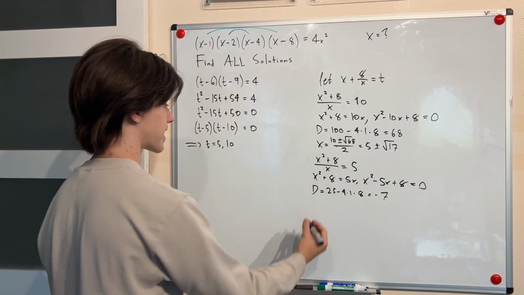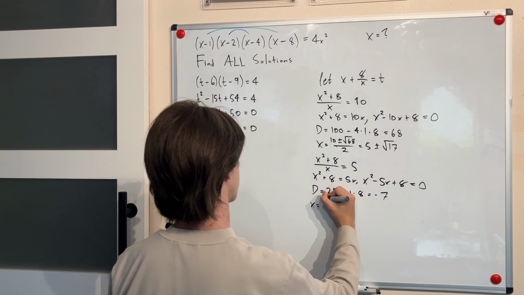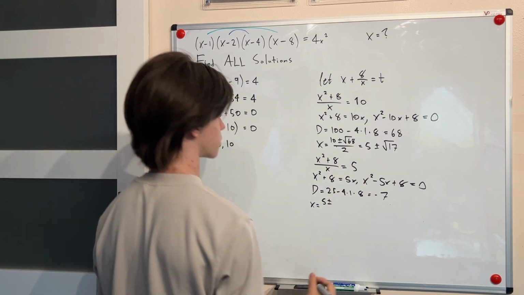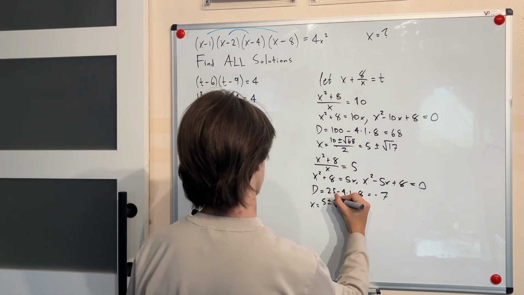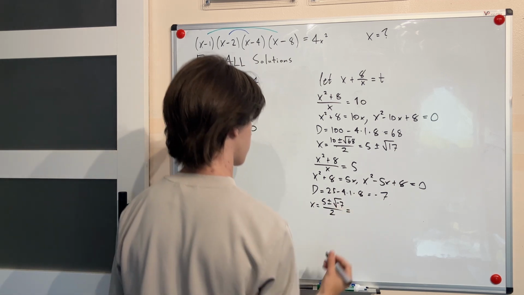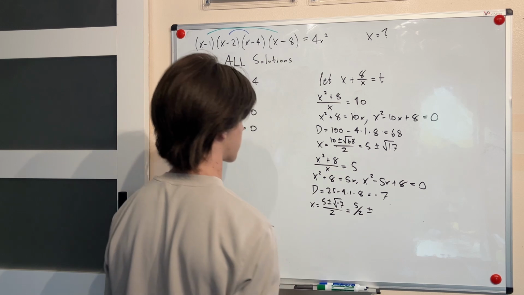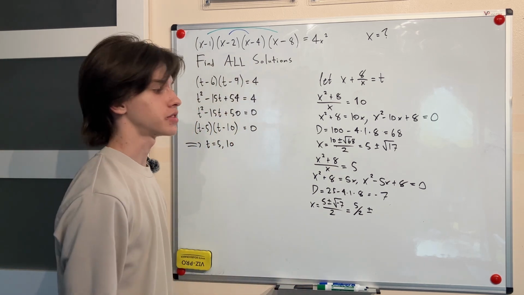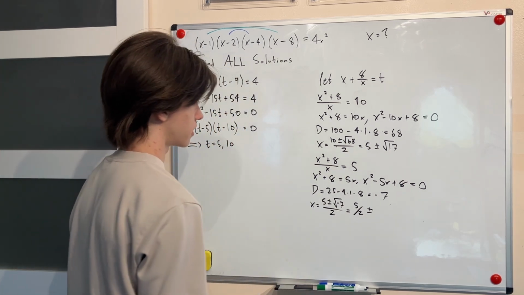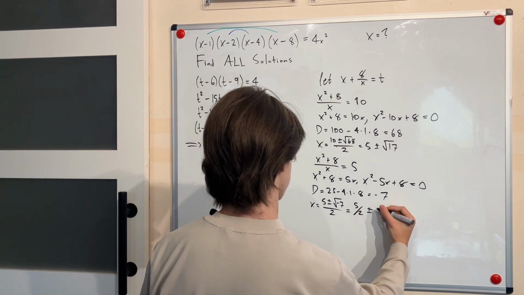And so our x will be equal to minus b plus or minus root of negative 7 over 2a, which is 5/2 plus or minus i root 7, right? Our complex number i, complex unit.